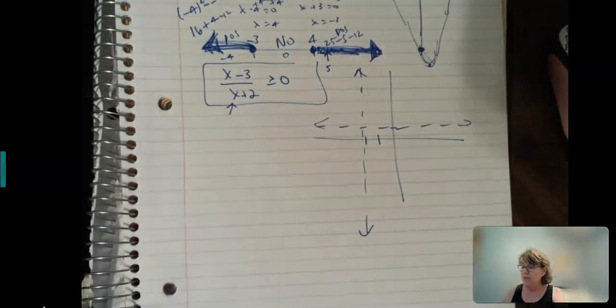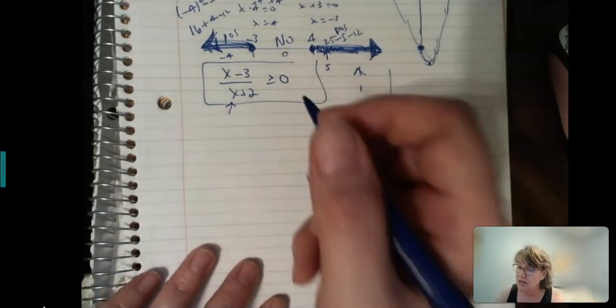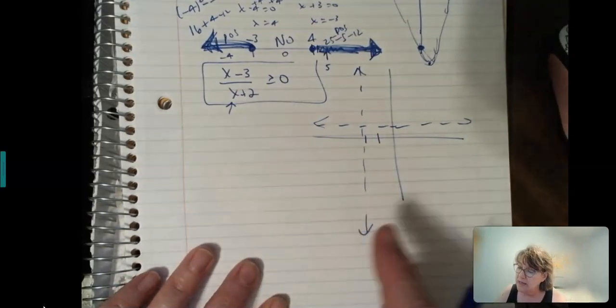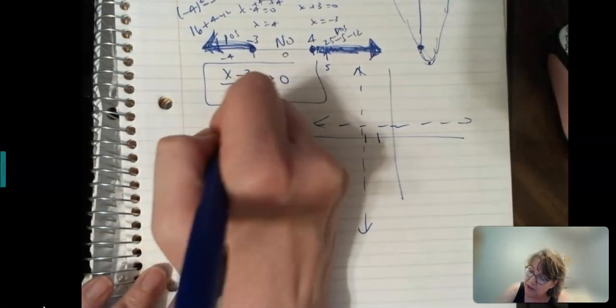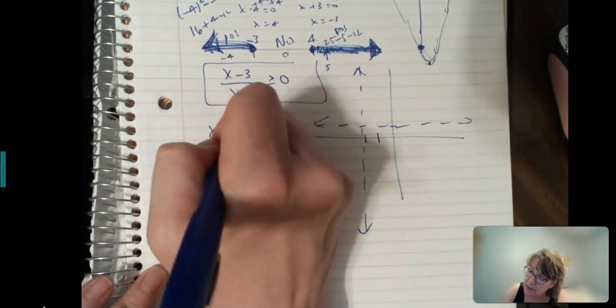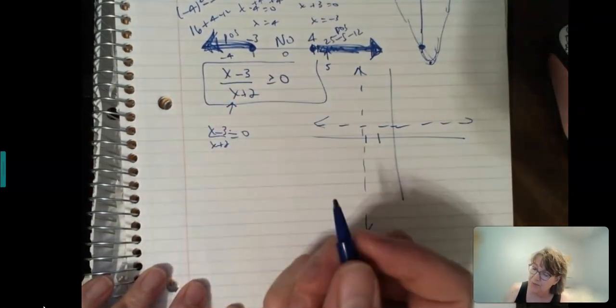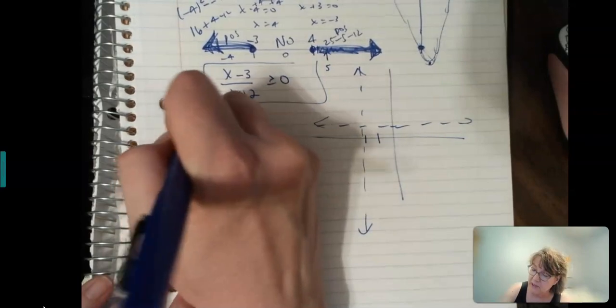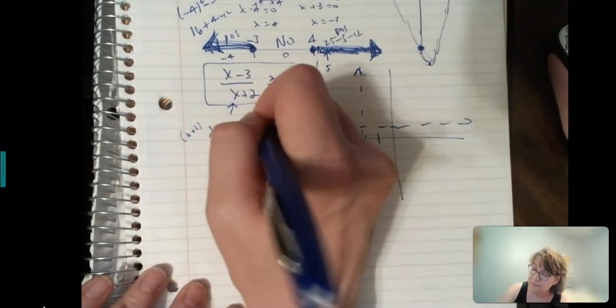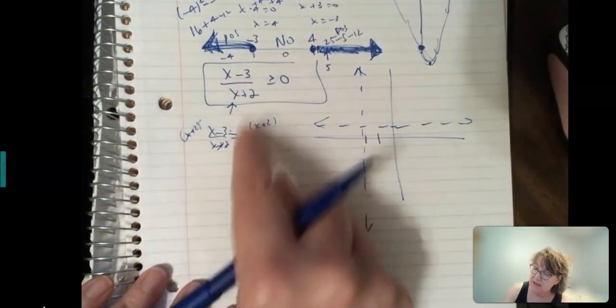And with rational functions, you usually have stuff here, here, here, something like that. Okay. And what we could do is we could sub in points to see how this behaves. Let's figure out some intercepts here. If I set it equal to 0, I would multiply both sides by x plus 2, and notice that is going to equal 0.